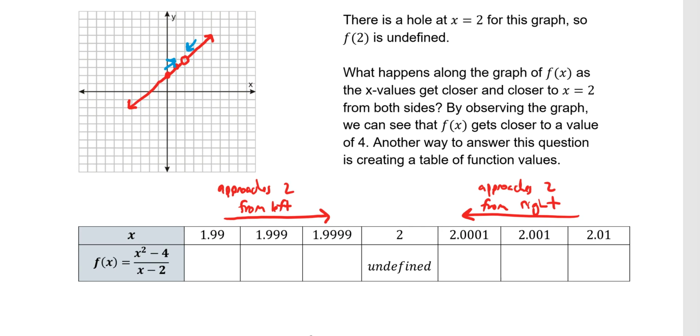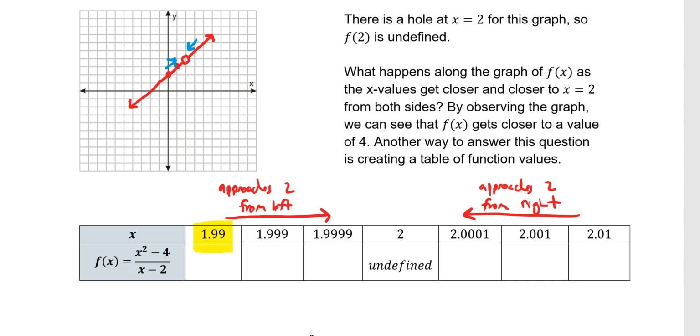So what we're going to do here is we're going to take these one at a time, and we're going to plug them into our function. So if we plug in 1.99 into our function, we would get 3.99. If we plug in 1.999 into our function, that would give us 3.999. And then lastly, if we plug in 1.9999 into our function, we would get 3.9999.